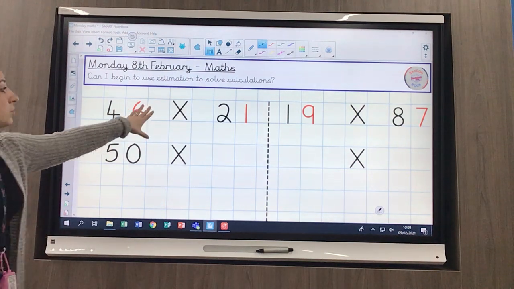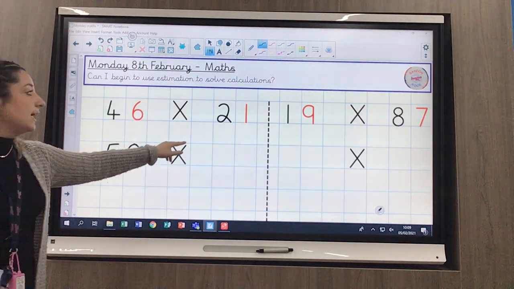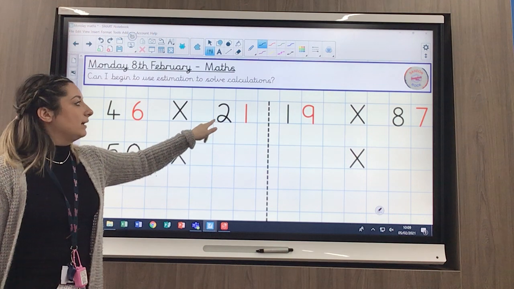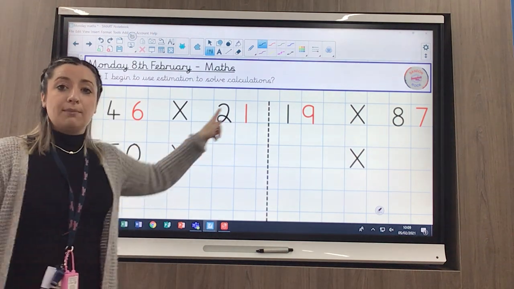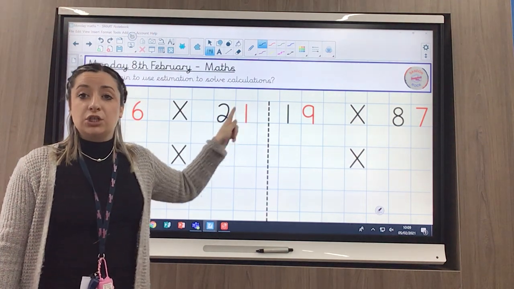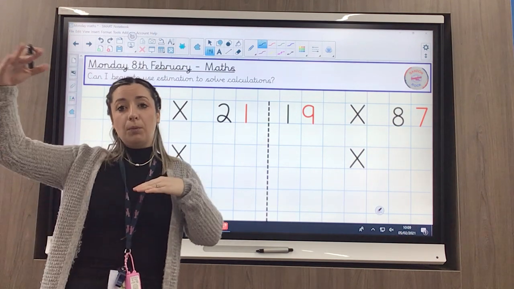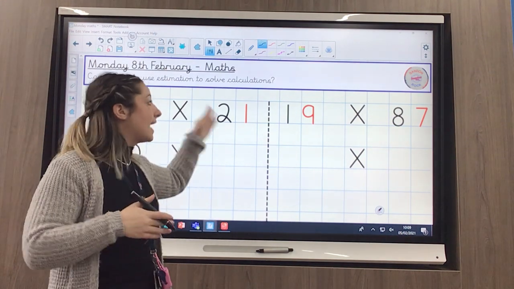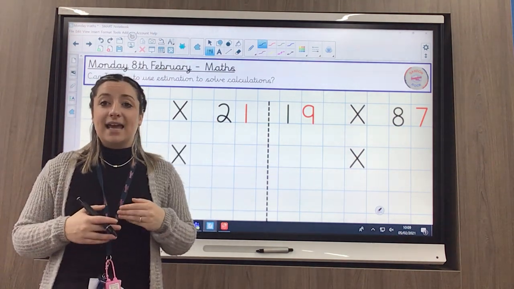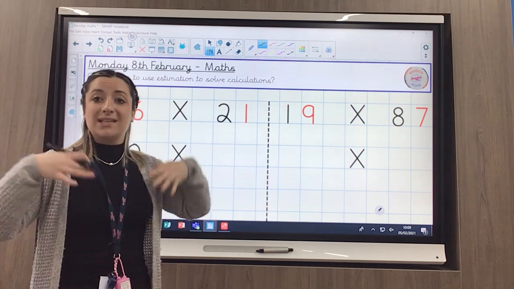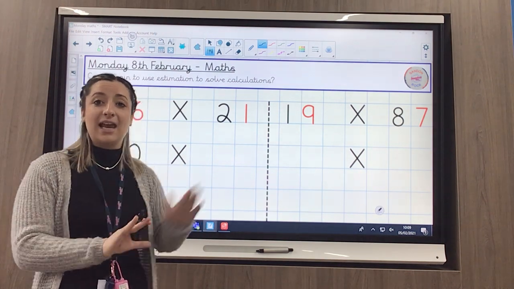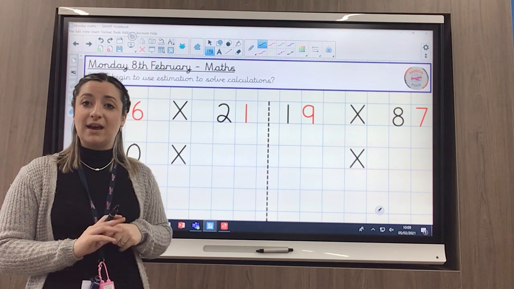Okay. I've got my multiply symbol there ready, and then the next number I've got to look at is 21. So I'm looking in the ones column to determine whether I am rounding up to 30 or whether I'm staying at 20. And it is 0 to 4, and we slide to the floor and we stay on the same 10 that we've already got.